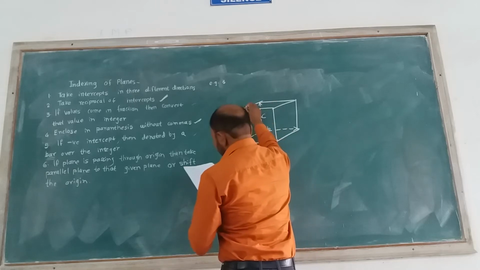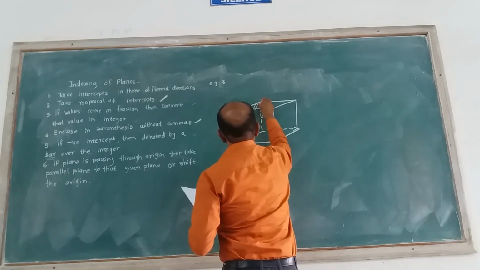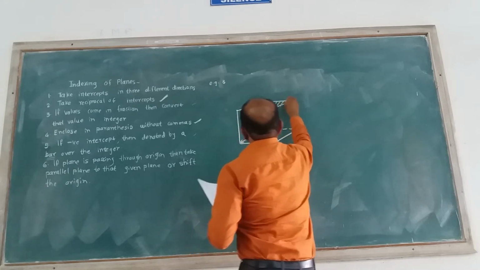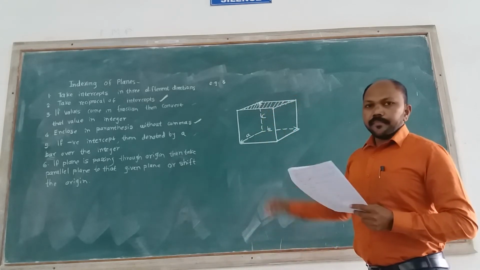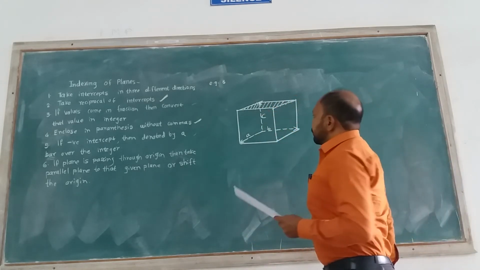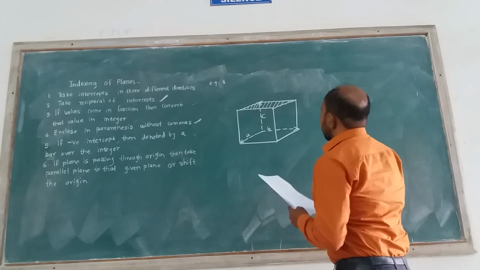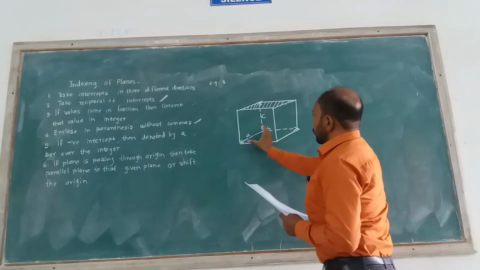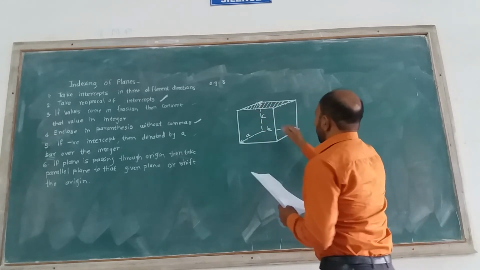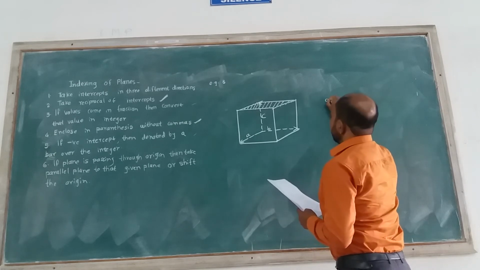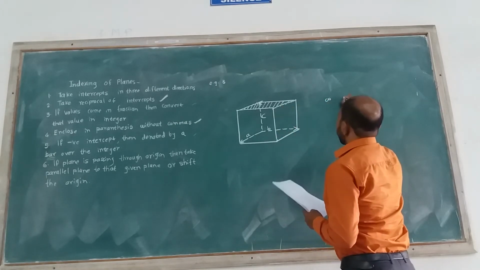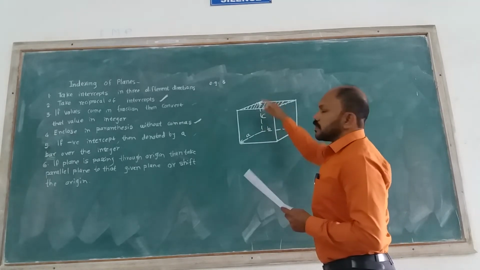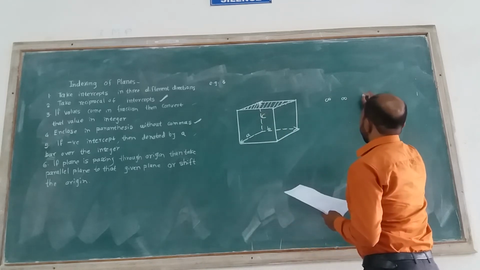Now if we consider this top plane and want to find the intercepts for it, a is parallel to this plane, so infinity, b is parallel to the plane, so infinity, and here the c value is required to represent this plane.